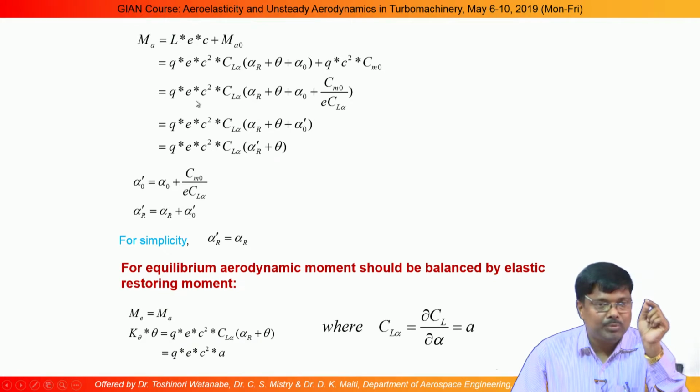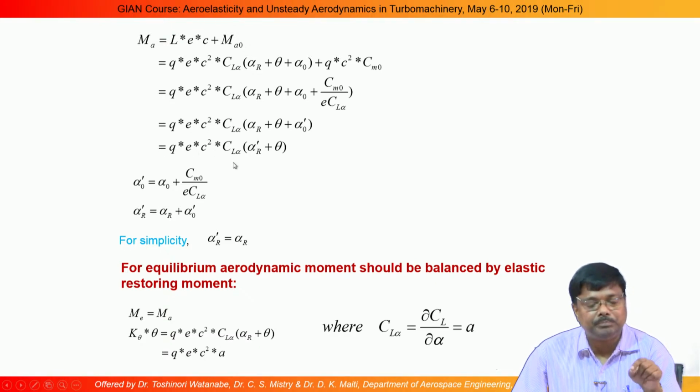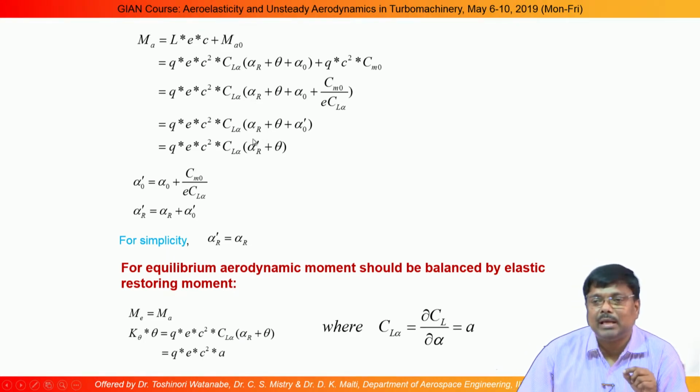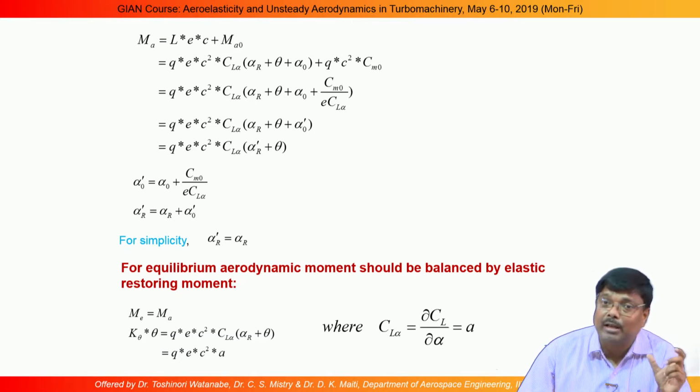The lift force acting is multiplied by E into C. So finally it comes as Q E C square CL alpha (alpha r plus theta). Alpha r prime I have given if the zero angle of attack moment is there. For simplicity, alpha r prime can be considered as alpha r.